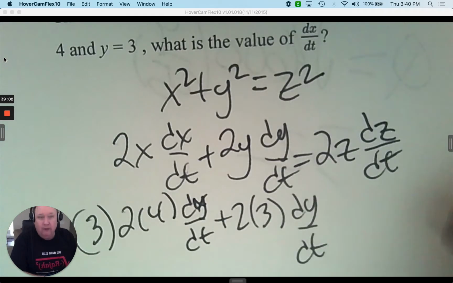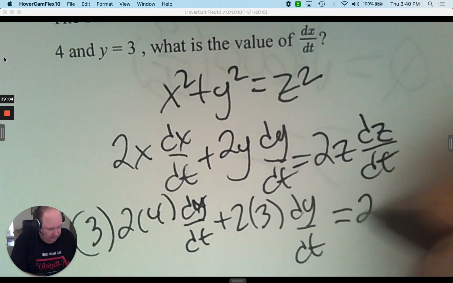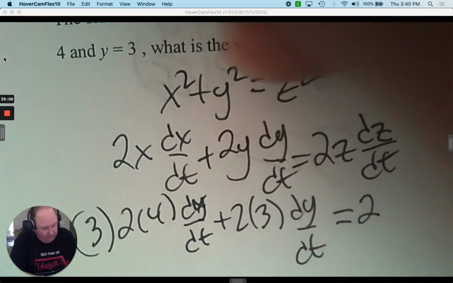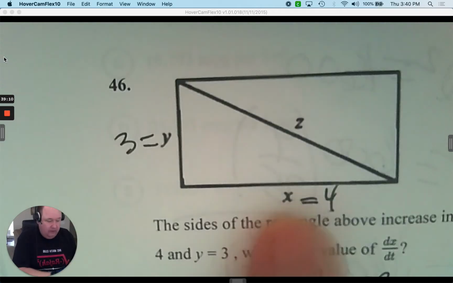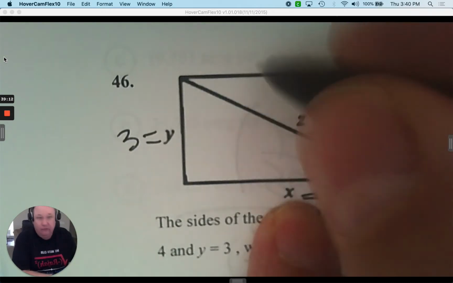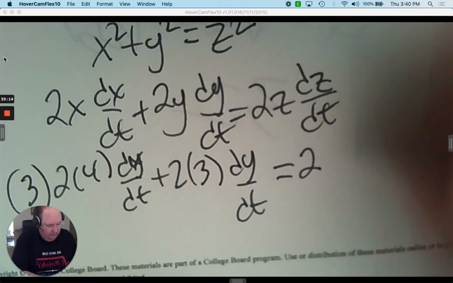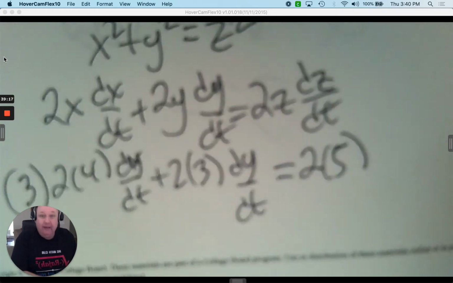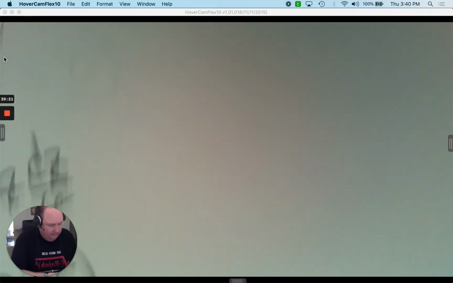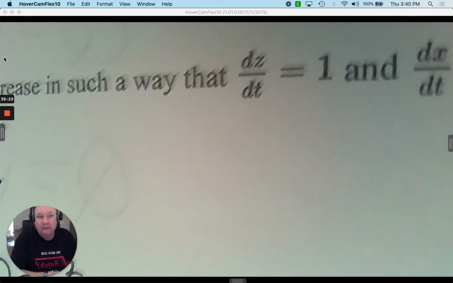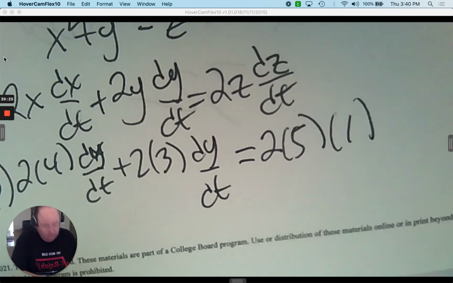I want one rate of change. Z is exactly what we did before. So it is a 3, 4, 5 triangle. So Z is 5. And then it says dz by dt is equal to 1, right? All right.